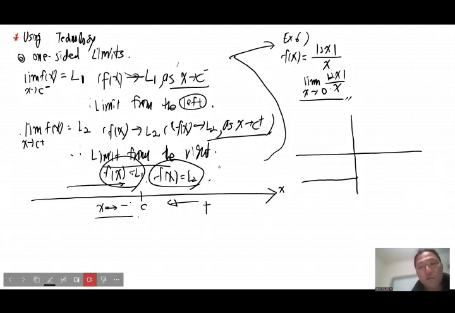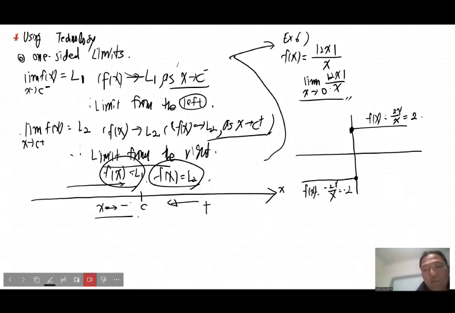So in that case, f(x) becomes minus 2x over x, which is minus 2. And if x comes from the positive direction, then f(x) becomes 2x over x, which is 2. So two values possibly exist at x equals 0. So a discontinuity possibly exists.